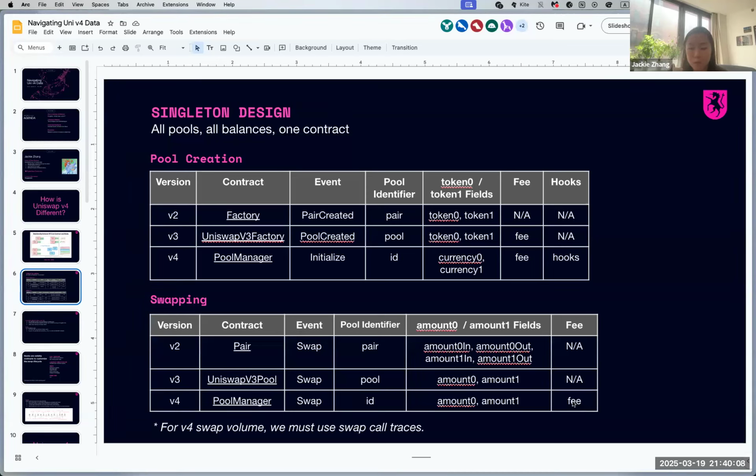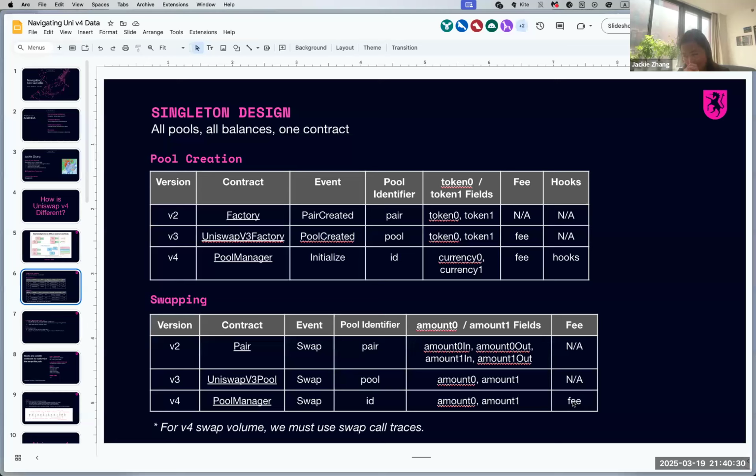That is related to the fact that in V4 the fees are set very flexibly. With dynamic fee pools, the fees are dynamic, so the swap events will tell you how the fee changes upon each swap, which is nice to have.